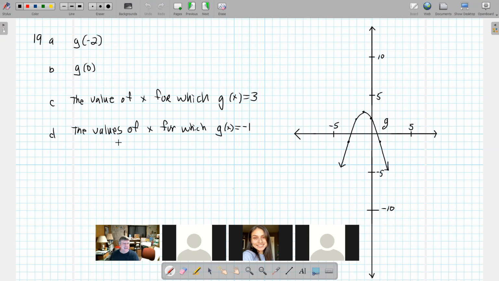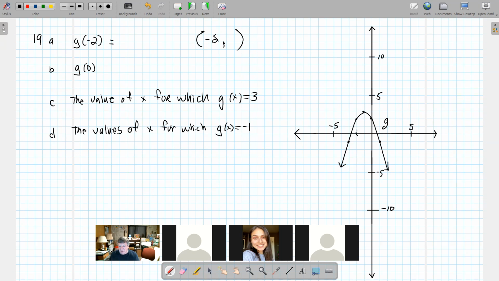Same thing again. So g of -2 is saying when the input is -2, what is the output? So basically, that question is the same thing as saying, complete this ordered pair. That's supposed to be a -2 inside of there. So where on this graph is there an x value of -2?